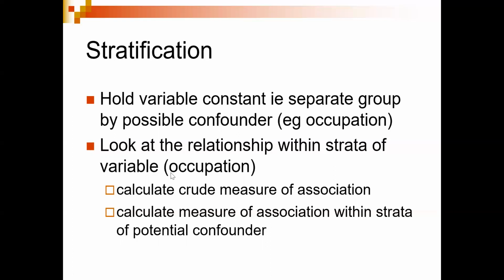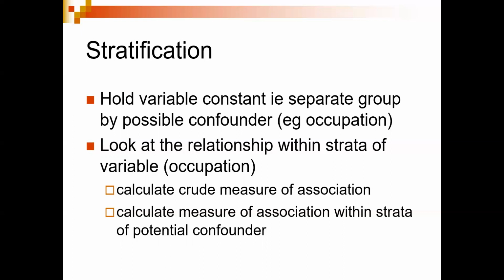But usually you start by calculating what we call the crude measure. This crude measure is your association between your outcome and exposure for the whole population. You can then separate your population down and stratify it by your confounder.